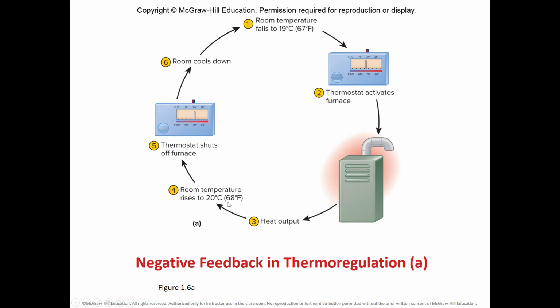And then when you reach 68 degrees Fahrenheit, your thermostat will shut off the furnace so you can maintain 67 degrees, and then your room will cool down.